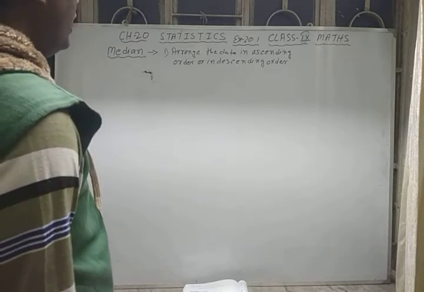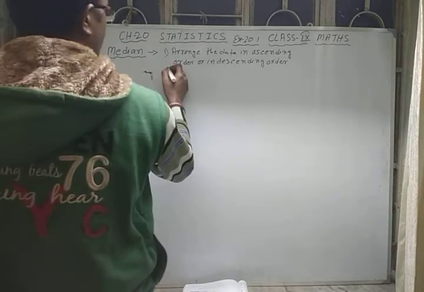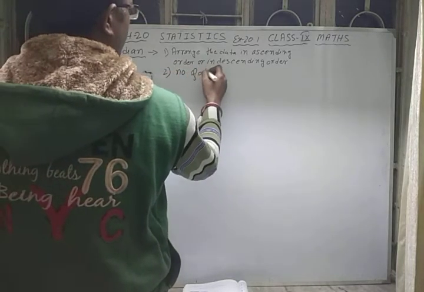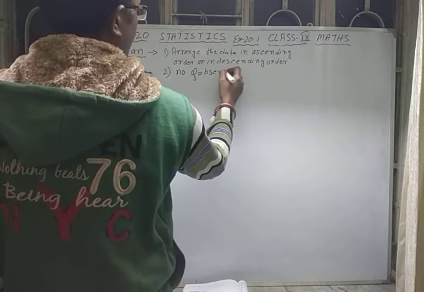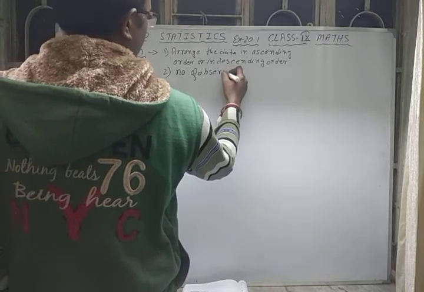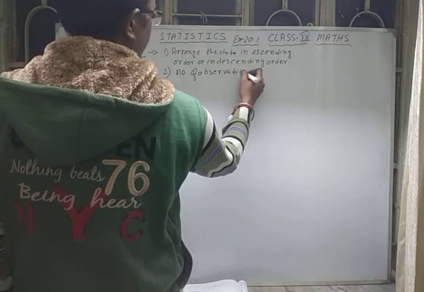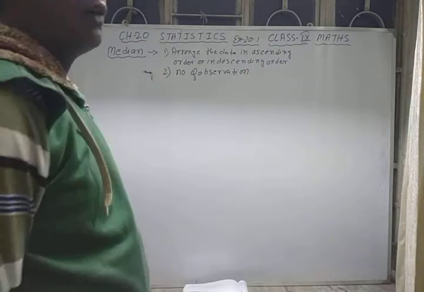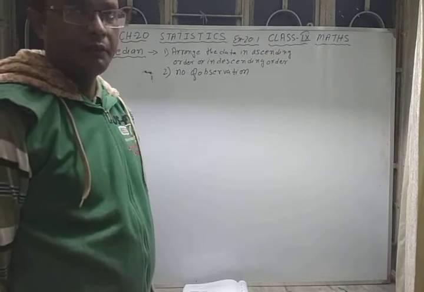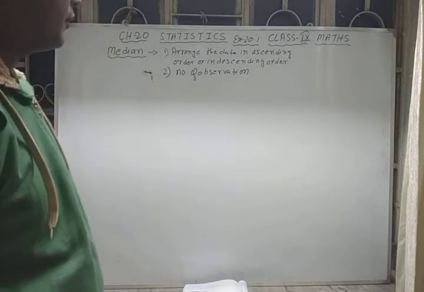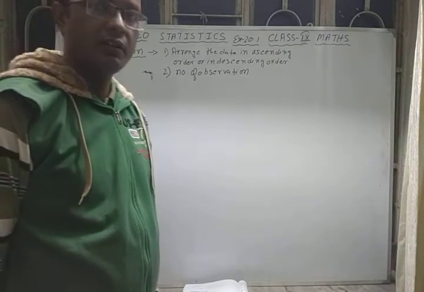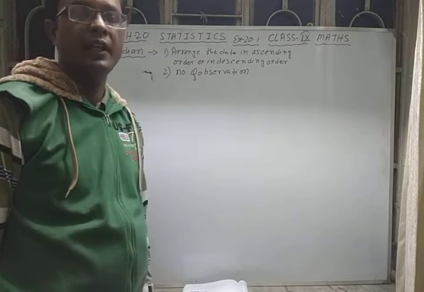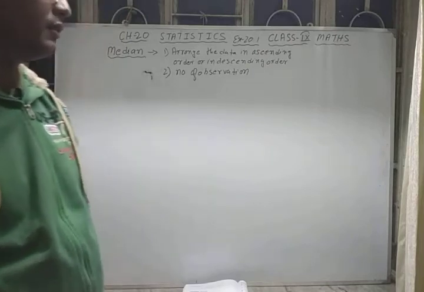After that, number two step, you have to see the number of observations. By counting you have to find the number of observations. Sometimes it is even, maybe 4, 6, 8, 10, 12, 14, 16, whatever.